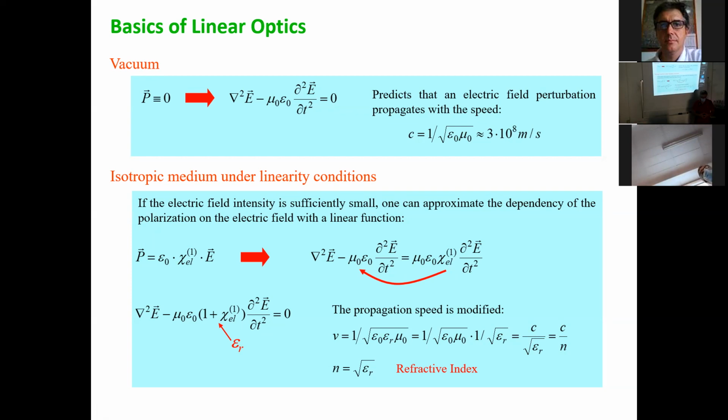So you find out that the speed of light in a medium is smaller than the speed of light in vacuum by a factor that is the refractive index. Now, this factor, the refractive index, is the square root of epsilon r, that is the square root of 1 plus chi. So, if chi is large, the dielectric constant epsilon r is large, the refractive index is large, the speed of propagation is low. The wave is slowed down.